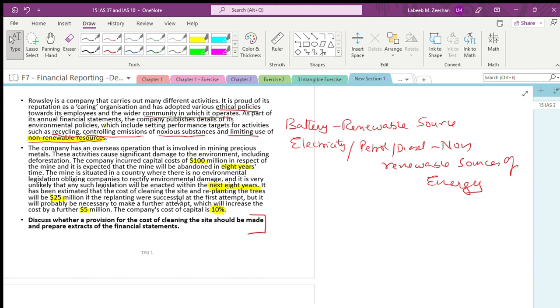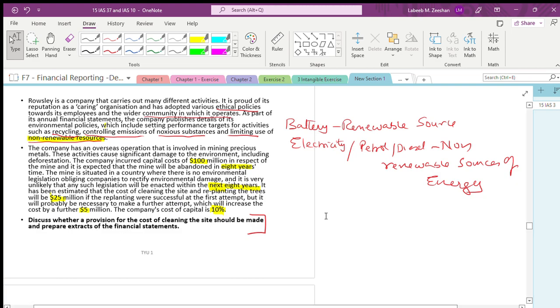Thirty thousand into 1 divided by 1.1 to the power of 8, that is, 1 divided by 1.1 to the power of 8 into 30,000. Fine.